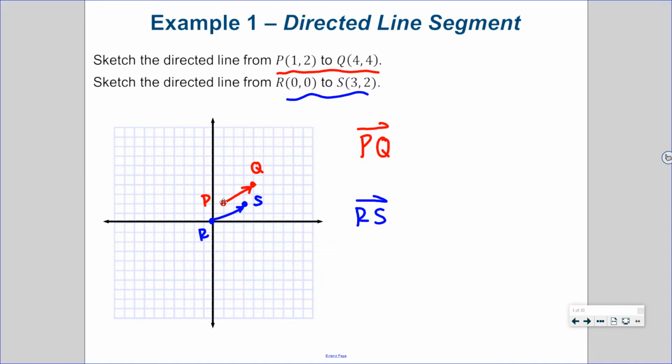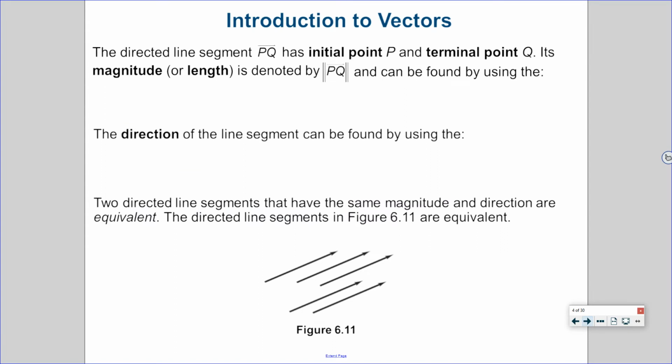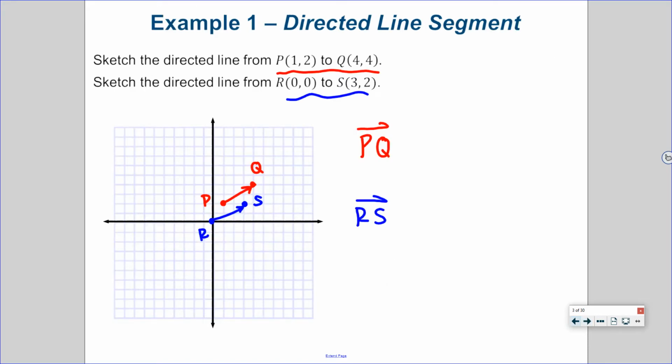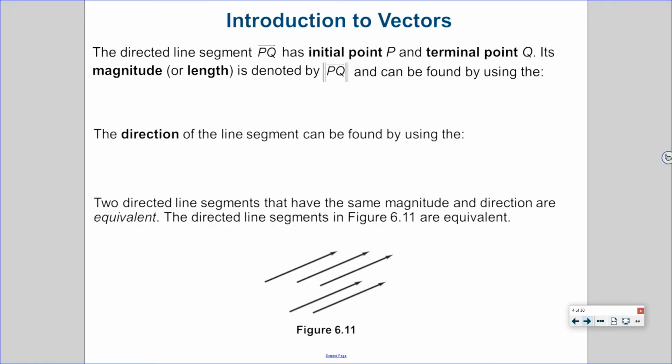So as I was talking about, our vectors always include the magnitude and the direction. When we're looking at the directed line segment specifically, with its initial point P and Q, whatever that is, we can calculate the magnitude or the length of that directed line segment either by using the distance formula or by making a right triangle and using Pythagorean theorem if you want to.